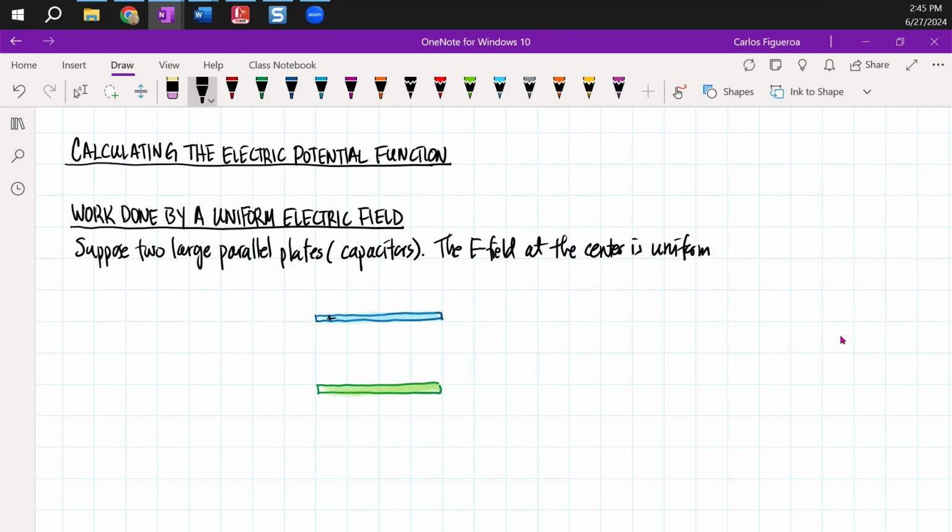So let's say that the upper plate has a positive charge and the lower plate is negatively charged. So if they're infinite fields, then what I'm going to see here is that the positive plate has a field going like this everywhere. And then the negative plate has a field that looks like this.